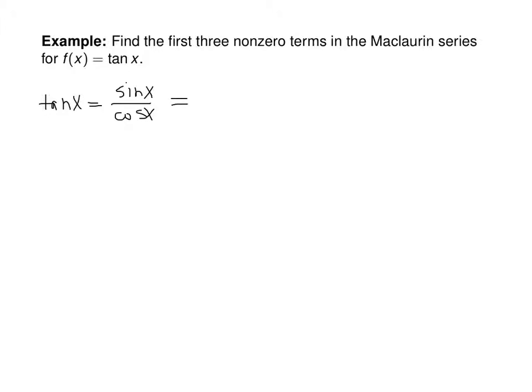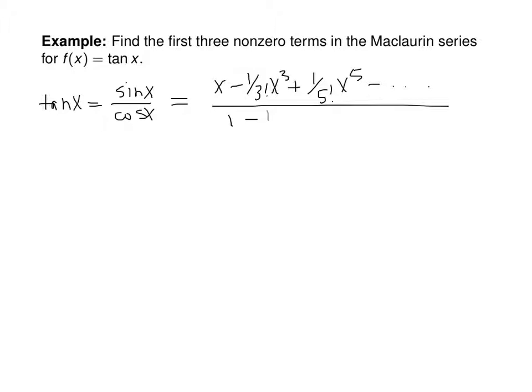So we're going to take the series for sine, which is x minus 1/3 x cubed plus 1 over 5 factorial x to the 5th minus etc. all over 1 minus 1 over 2 factorial x squared plus 1 over 4 factorial x to the 4th, etc. We're going to divide those.